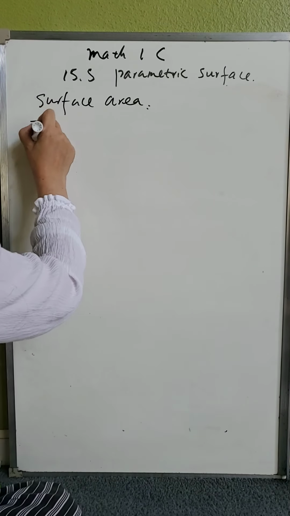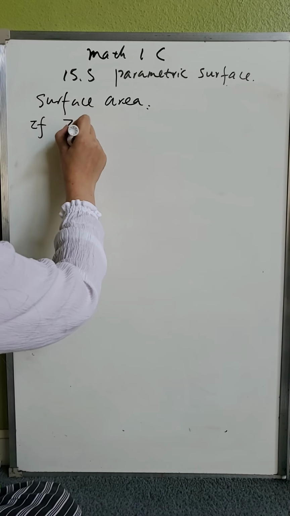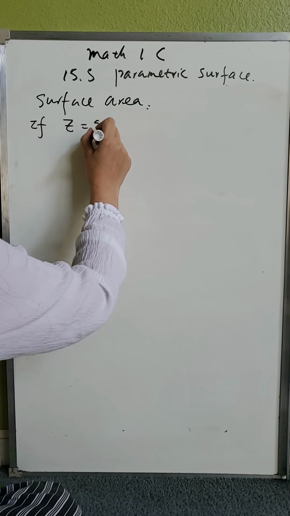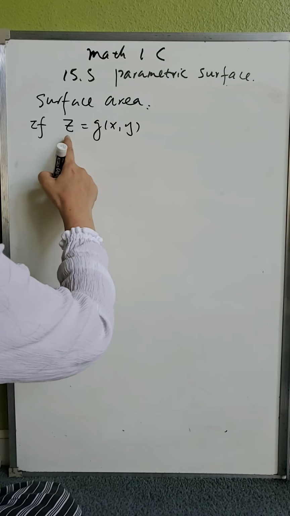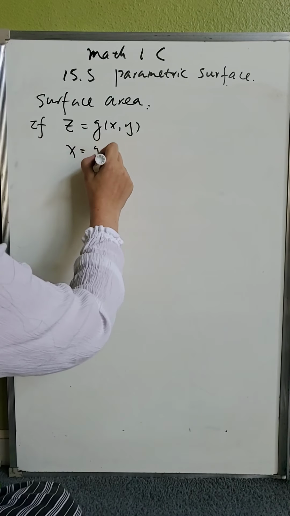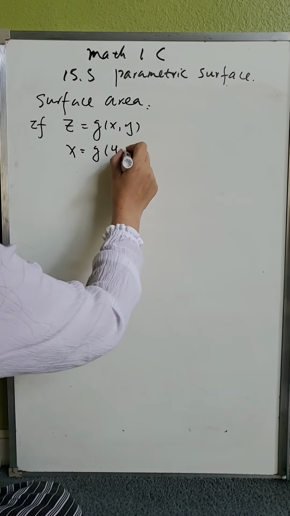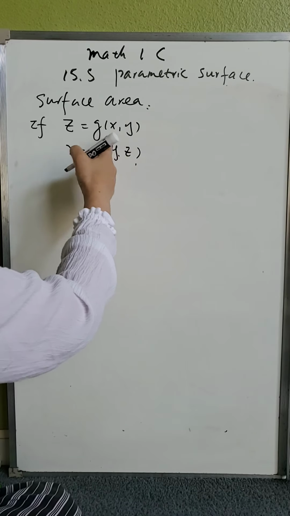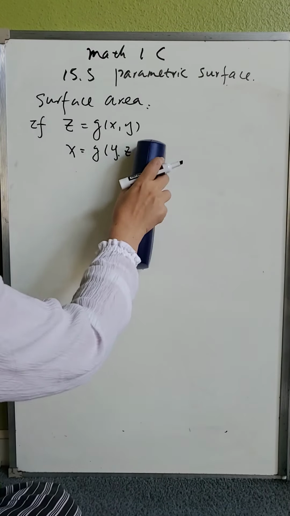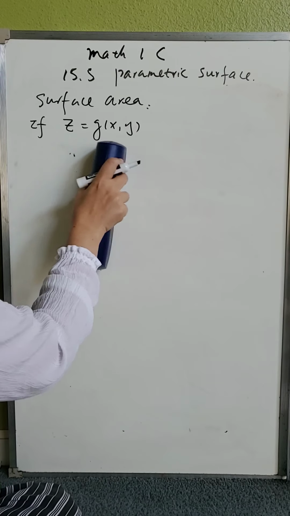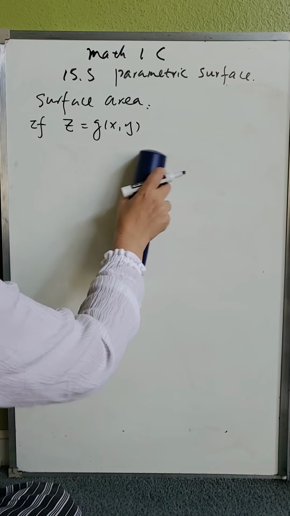So if z equals g(x,y), this can also be x equals g(y,z), but we happen to use this one very often, so I just use this one, depending on how your surface looks.